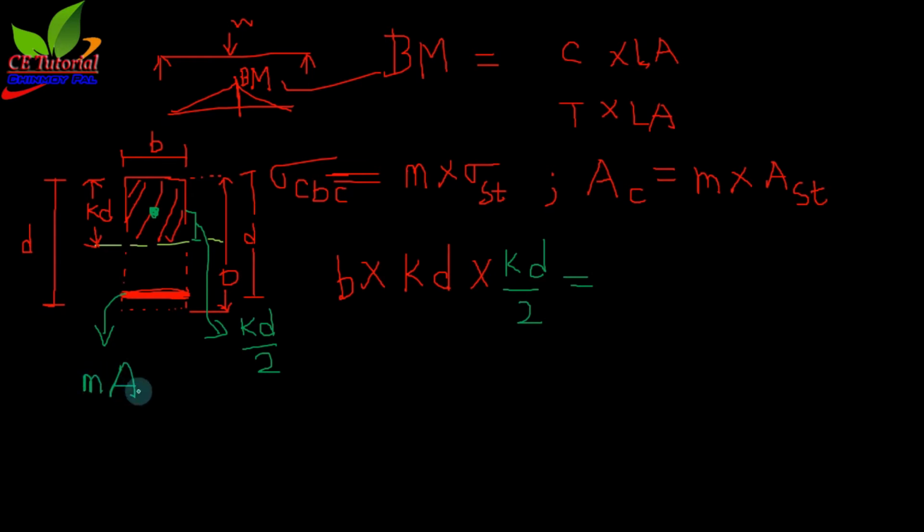m AST. Why is it m AST? Previously we derived this formula, AC is equal to m AST. But why do we have to consider this area as AC?